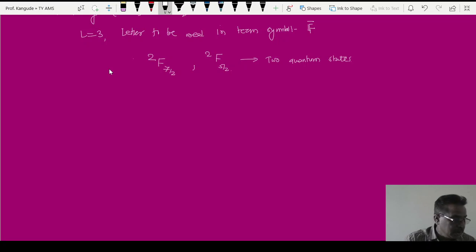In our book, in this example, they have given some different numbers, so try to understand this.